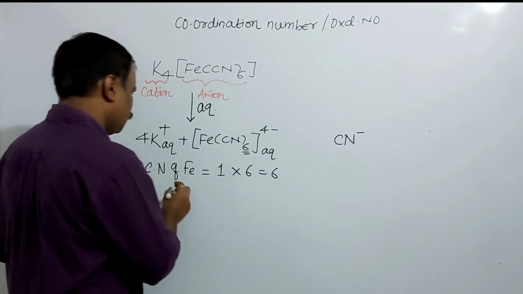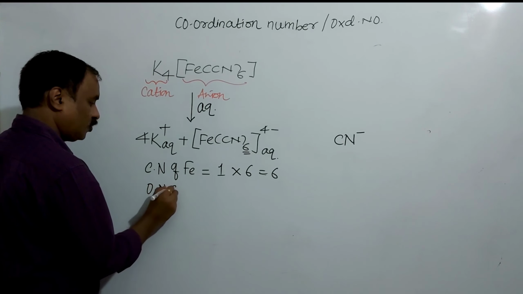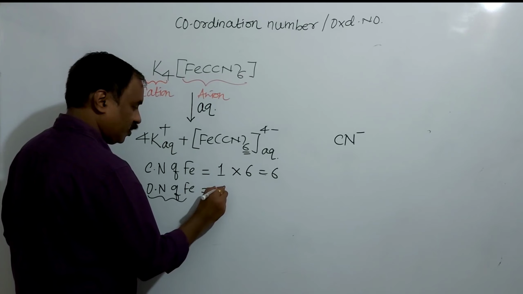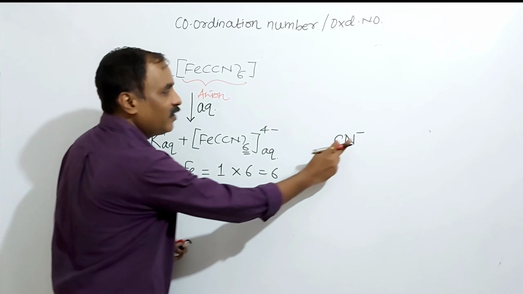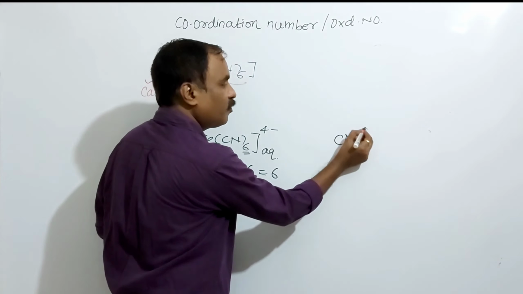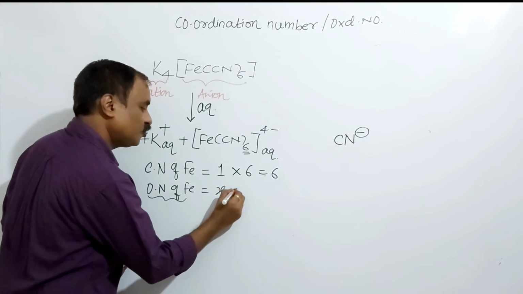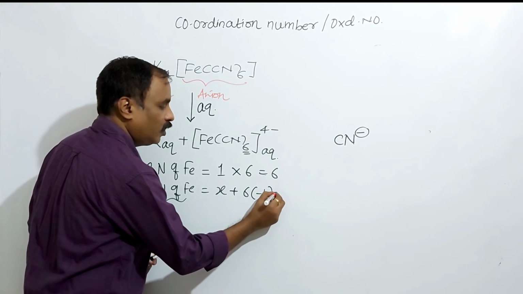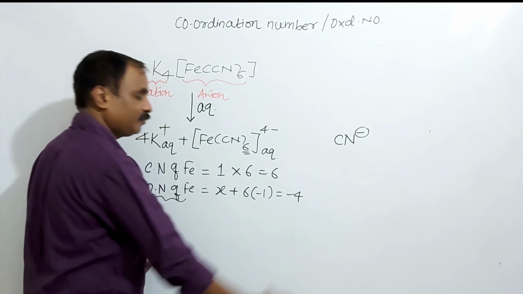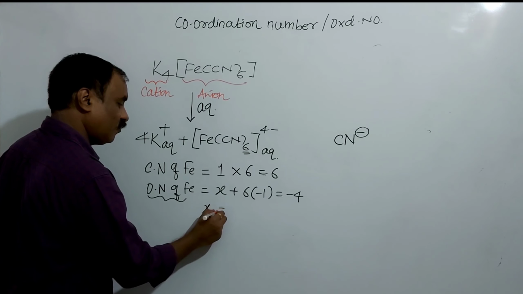What about the oxidation number? Consider the oxidation number of iron as X. Now this CN carries a charge of -1. How many ligands are there? 6. So X plus 6 into -1 is equal to -4. Therefore, X is equal to what?